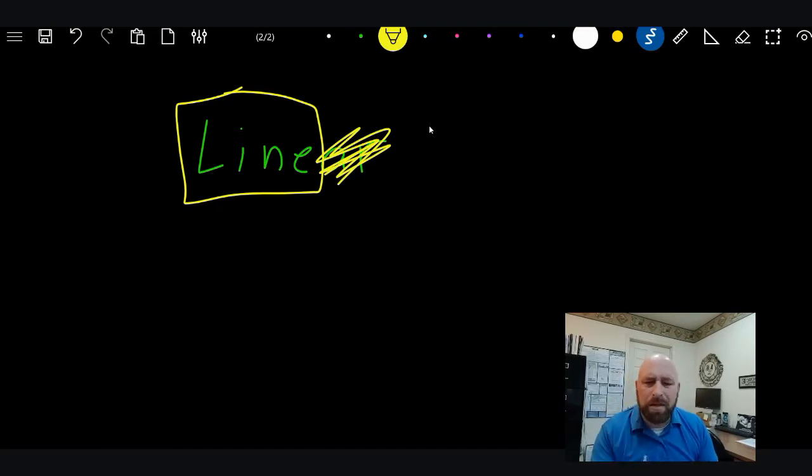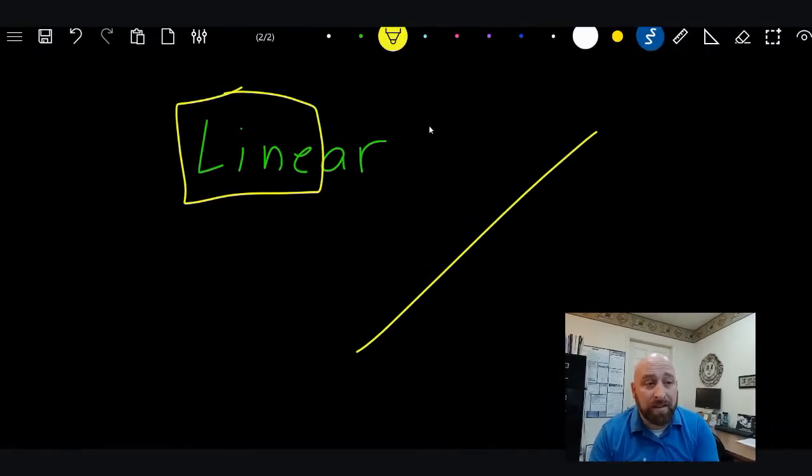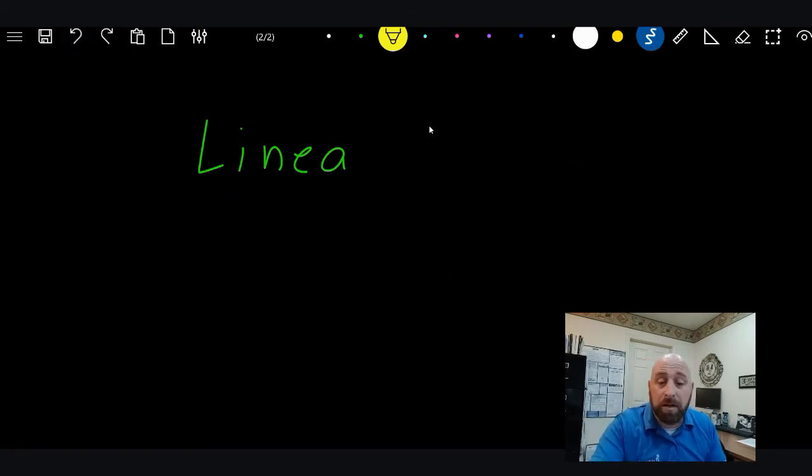What does that mean? Well, this is something interesting that's going to be coming up in just a few lessons. We're actually going to be putting these equations onto a graph. In other words, we're going to make the equation give us a line. The equation is another way to write a line. So you're going to hear me calling these linear equations, and that just means that the equation gives you a line.